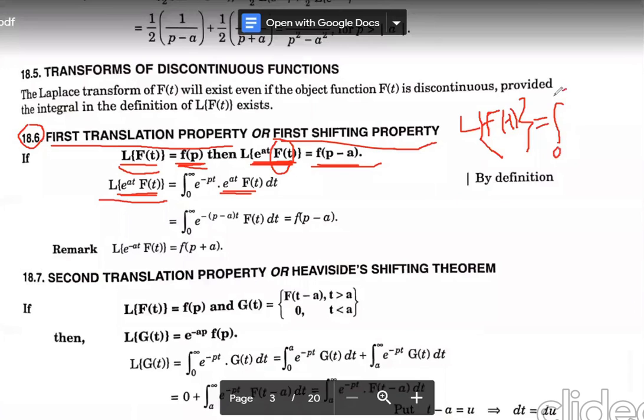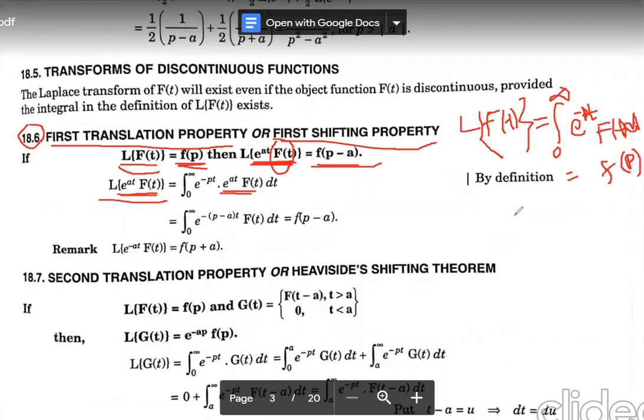Integration from 0 to infinity of e to the power minus p into t into f of t dt. This, after integrating, gives you a function of p.